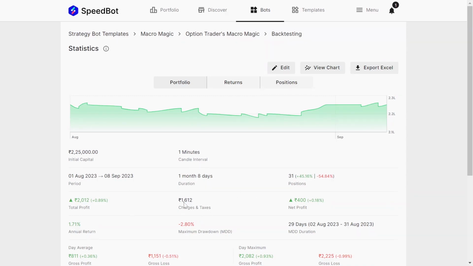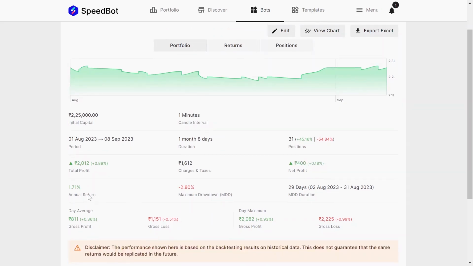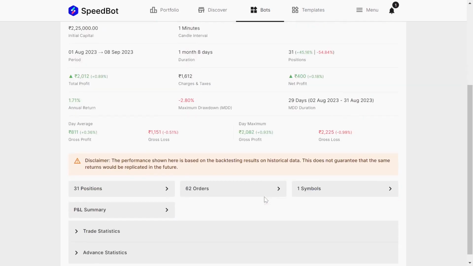Once you include the brokerage and other charges, this is the net profit. So this is the flat net profit that we have gotten for a period of 1 month, and these are the other calculated metrics.